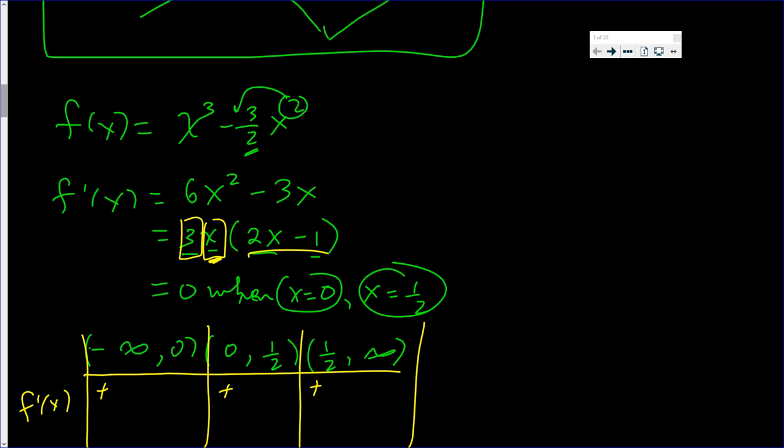X is positive only when x is bigger than 0, but that happens in these 2 intervals. But here x is not bigger than 0. It's less than 0, so it's negative. And 2x minus 1, well, that equals 0 when x is 1/2. And you know, if x is more than 1/2, if you double 1/2, you get 1.